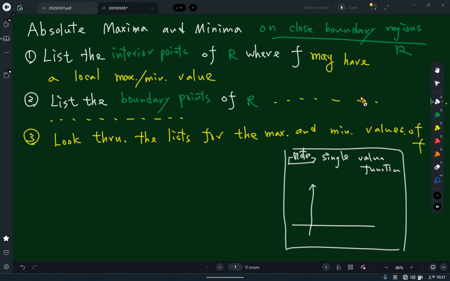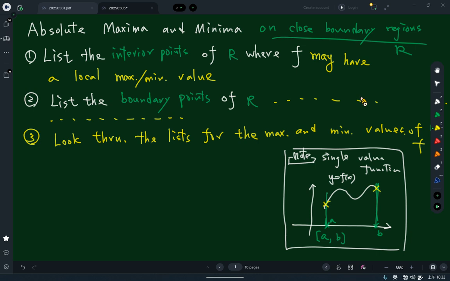For example, if I give you y is equal to f of x, what thing will we do first? The first thing we need to do is, for example, if we just focus on a and b, if a is here and b is here, so these 2 points will be the candidates to provide the maximum value.